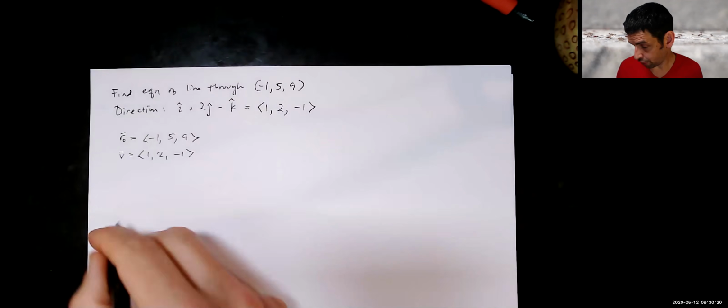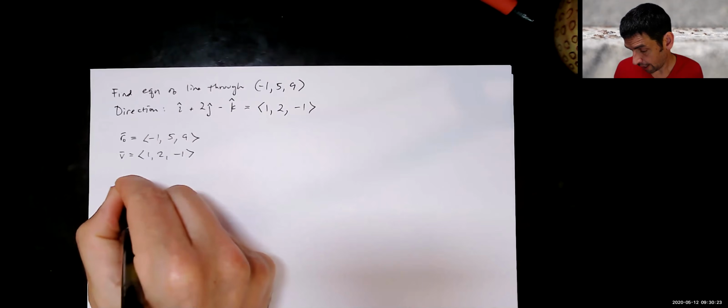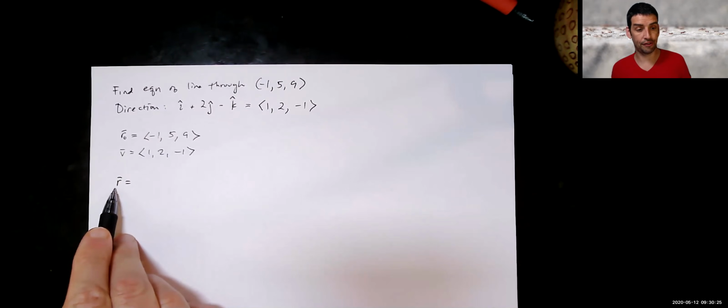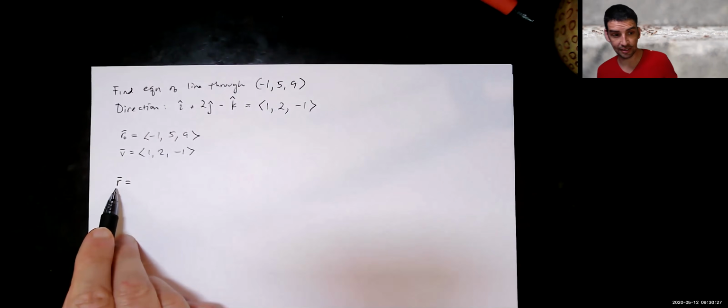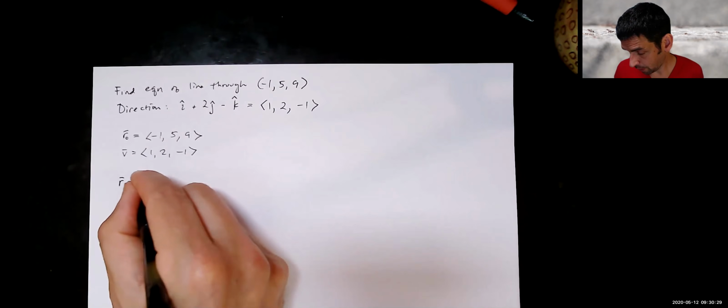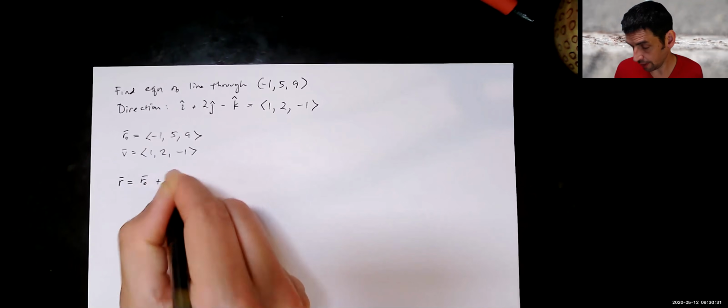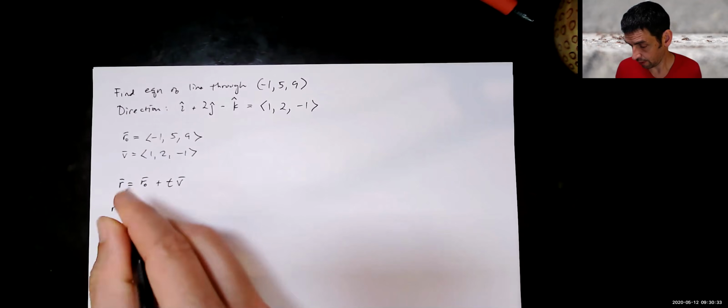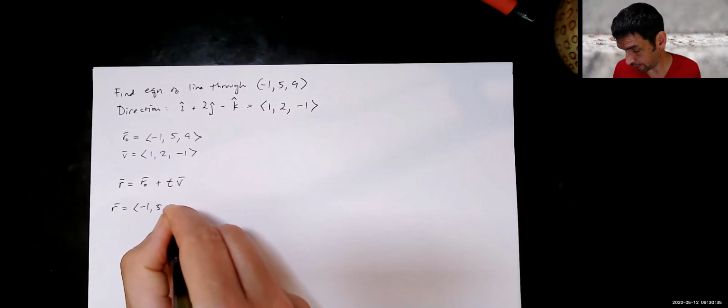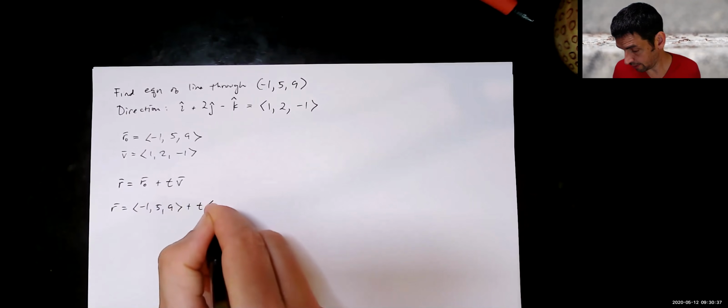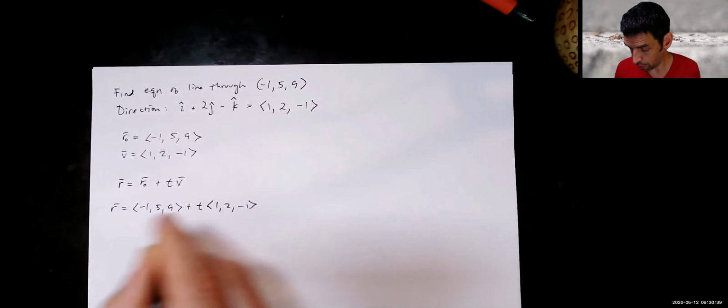So now I can just go ahead and write that this r, a vector that points at any point on the line, is given by r naught plus tv, which in this case is -1, 5, 9 plus t times 1, 2, -1.